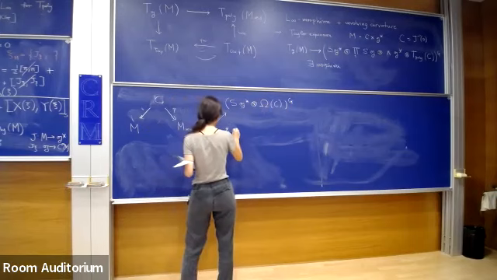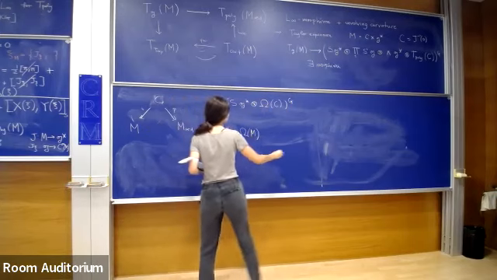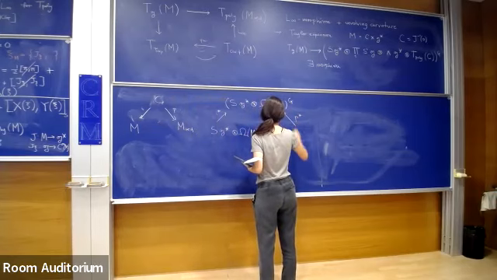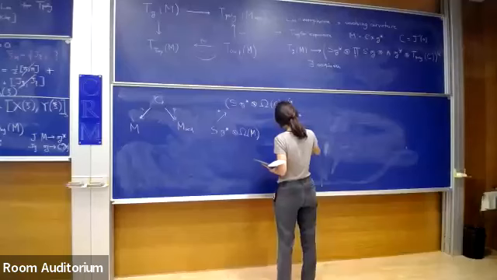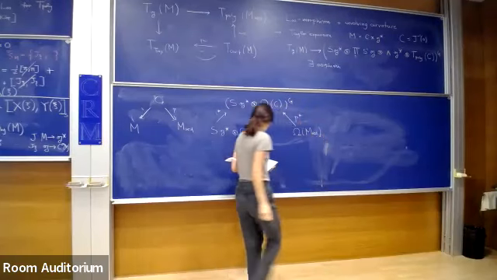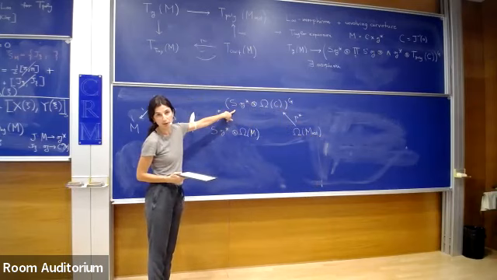This is not M. And this is exactly what we call the Cartan model for the equivariant de Rham cohomology.